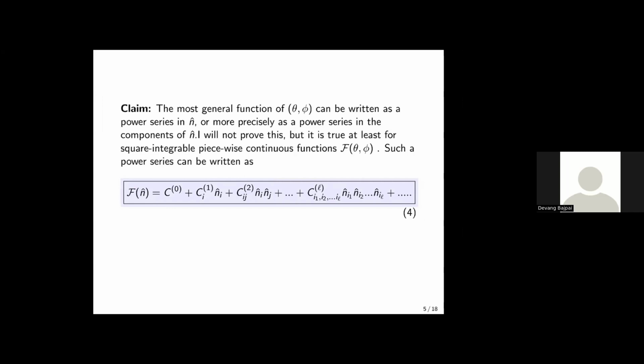In this equation, the repeated indices are summed from 1 to 3 as Cartesian coordinates, and the term you can see at the last is the most general term in the series. The first three terms correspond to L equal to 0, 1, and 2. The indices here represent the L different indices like I, J, etc. And since they are repeated here, each can run from 1 to 3.